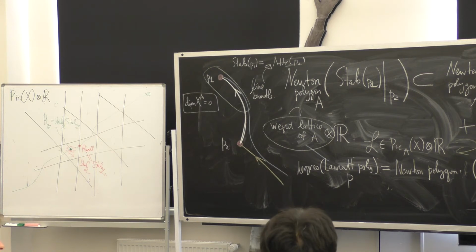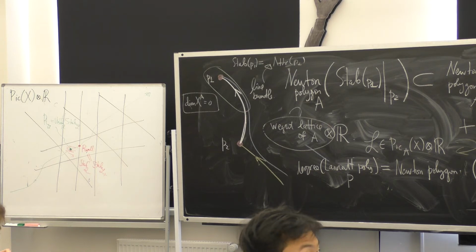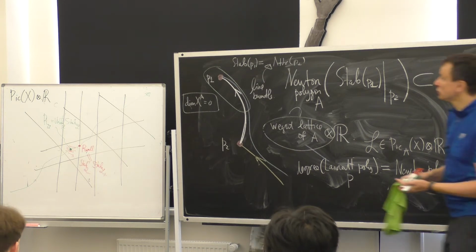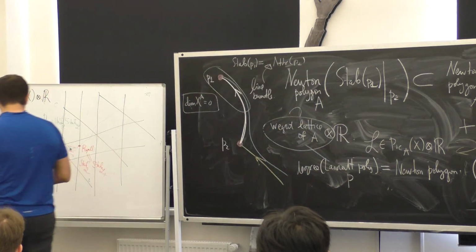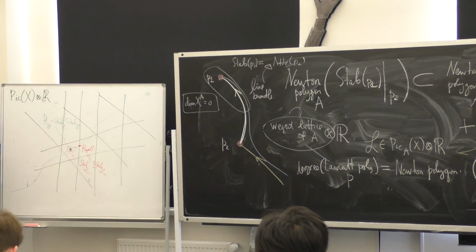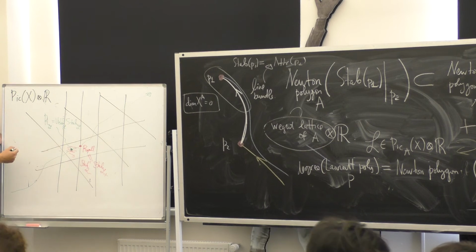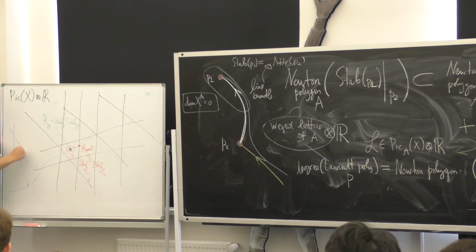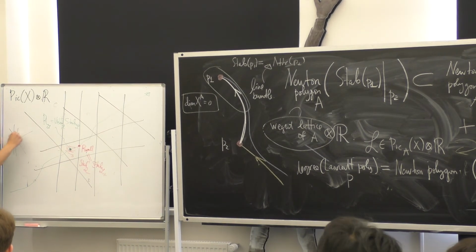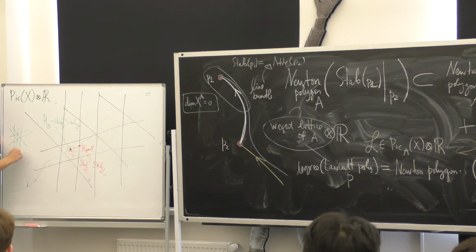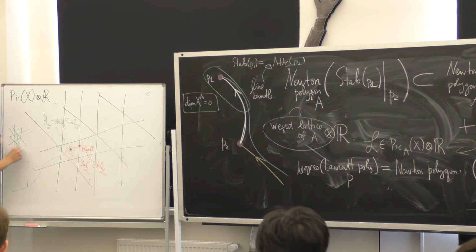Right. So you should imagine what this picture is for. If I were more accurate, I could have drawn something like this, which would also be misleading, because in general it is nothing of the kind.